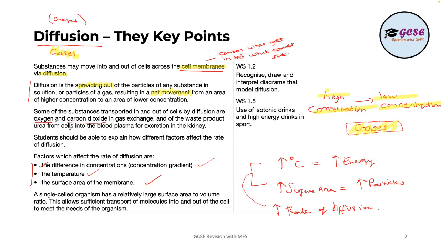Some examples include oxygen and carbon dioxide, and there are factors which affect the rate of diffusion. So we've got the difference in concentrations, the temperature, and the surface area of the membrane. Okay, so we've looked at the difference in concentration.